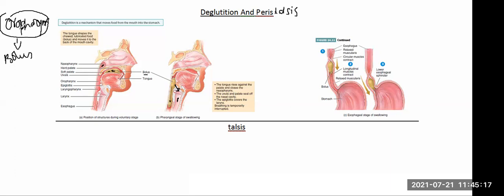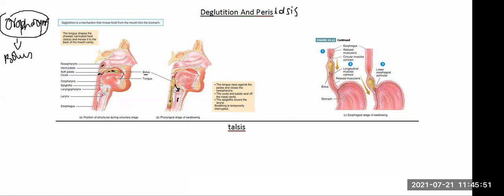When the soft palate and uvula move upward, they close the nasal cavity, the nasopharynx. So when the nasal cavity is closed, the food will not enter the nasopharynx. This is how your body prevents food from entering the nasopharynx.